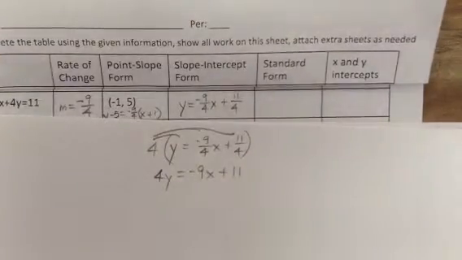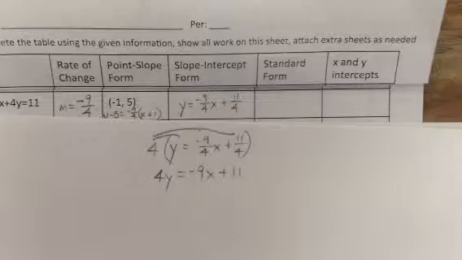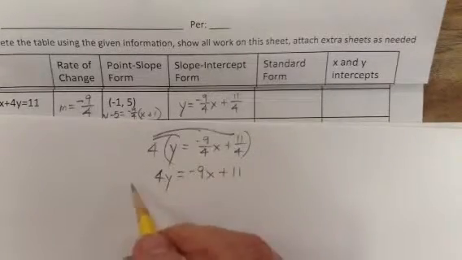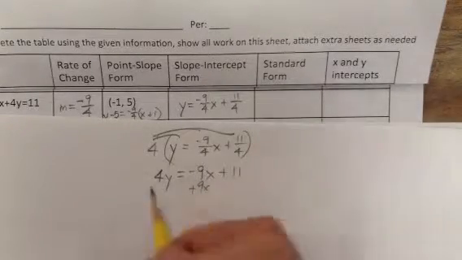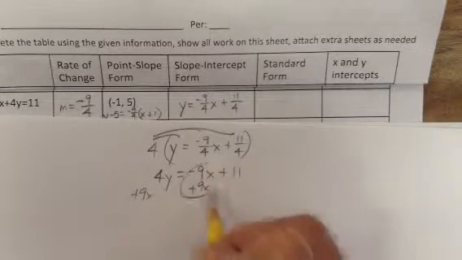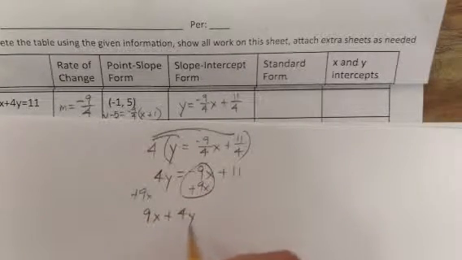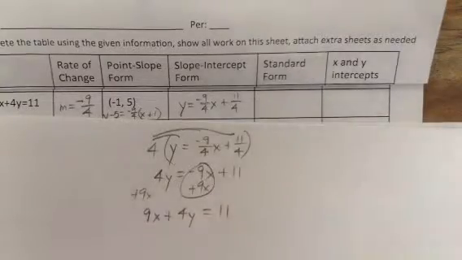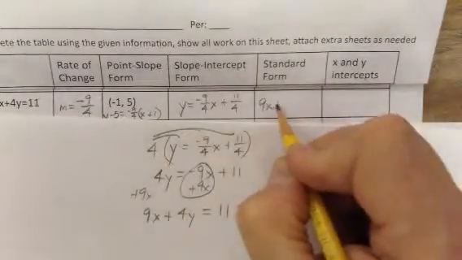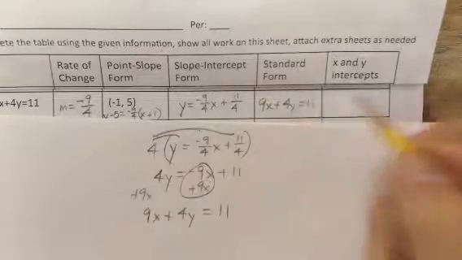Fractions are gone. Don't believe me? Put that in your calculator. All right, move the x to the other side. This one's going to work out nice and neat because my coefficient of x will be positive, and that's what I want. And there you go: 9x plus 4y is equal to 11.